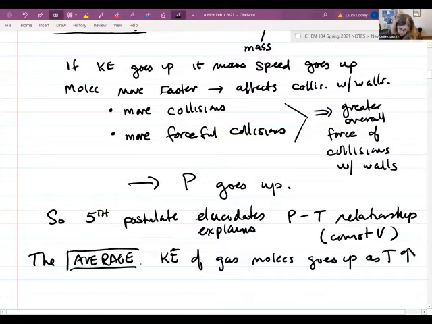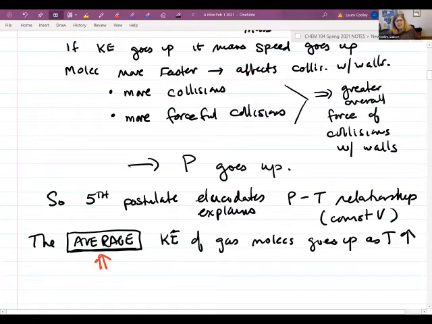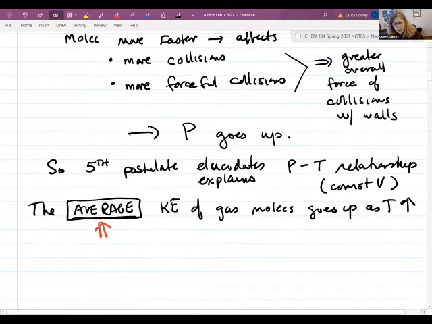So I'm just focusing here on this word average. So if in the kinetic theory, it says the average kinetic energy goes up, why do you think we'd have to use that word? Why is this word used?